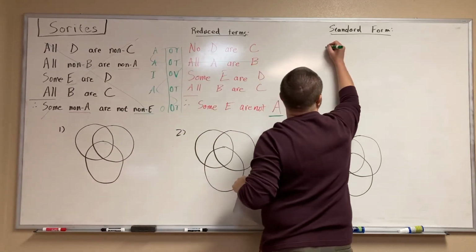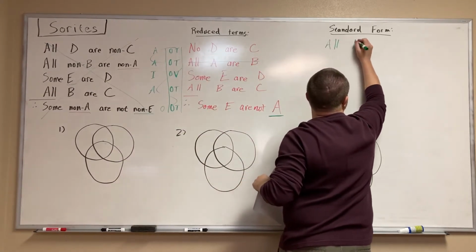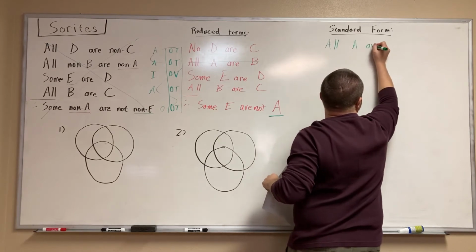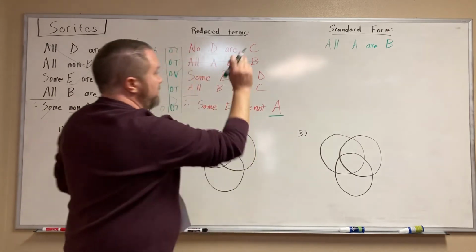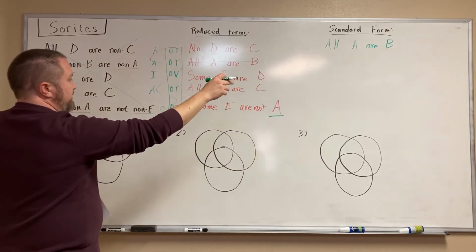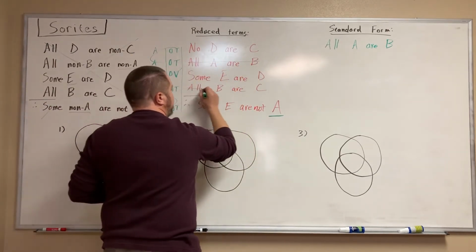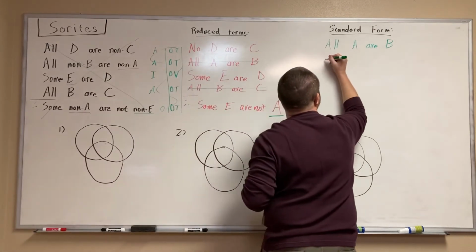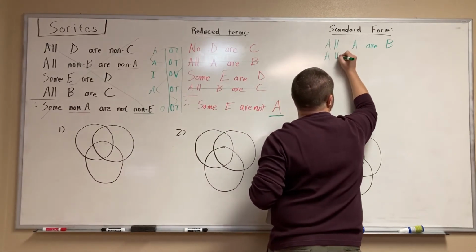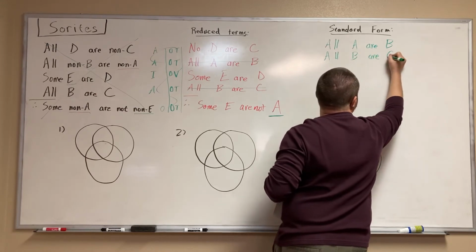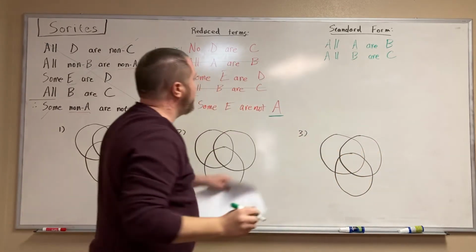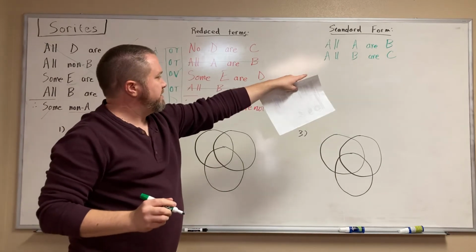So our first premise is going to be all A are B. Second term that's used is B. There should be one other premise that has B in it. All B are C. Carry that over. Used up the B's.